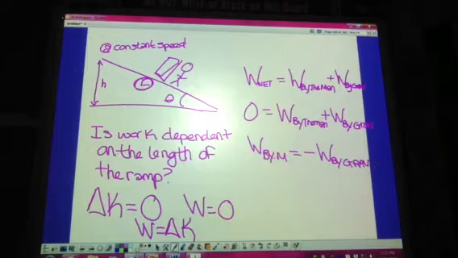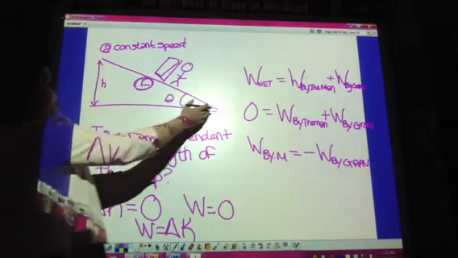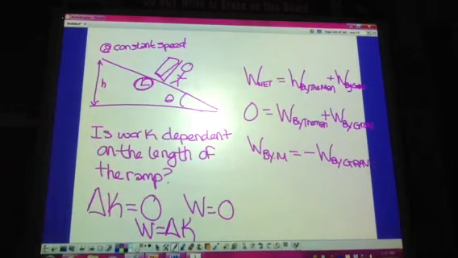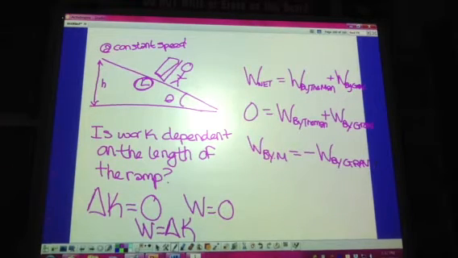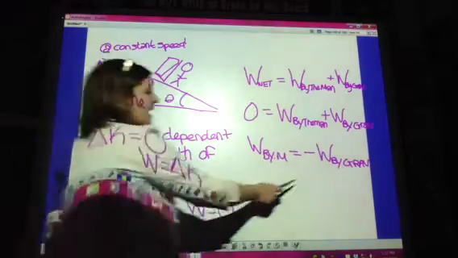Okay, well we also know that work is equal to a force times some type of displacement. Since he's trying to lift it up or roll it up into the truck, he's moving it over some height here. So let's look at the work done by gravity.